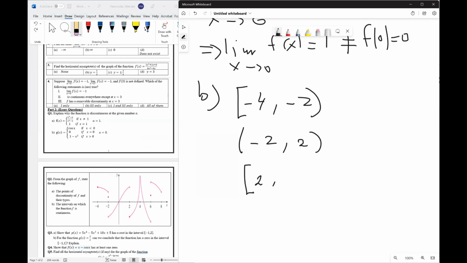Two, 4 open, then 4 open, 6 open, and the last one 6 to 8 open. These are the intervals where the function is continuous. So as I said, we take interval by interval. So if you have closed, you put it closed, open, you put open. We don't consider the whole domain. This is another story to take the domain of continuity, because we need to pay attention to the discontinuous part.